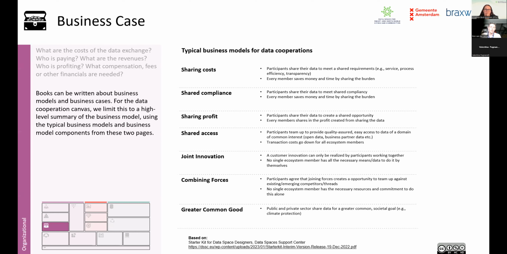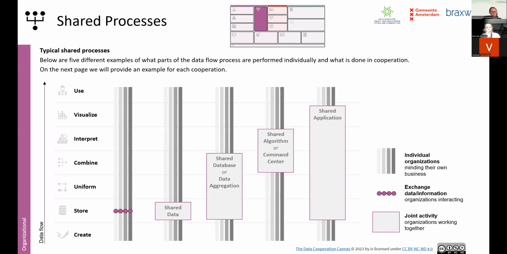You can share costs and work on a greater common good and join innovations, for instance. So by describing this, you will make it clear to all members of your team what exactly you're working on, and you can share this business case, so that you're all aware of it. So these are a couple of business cases.